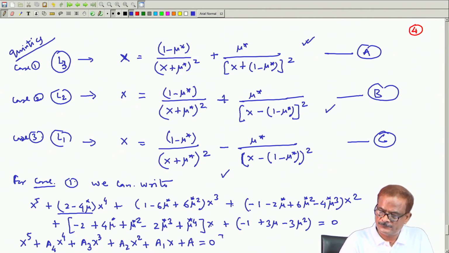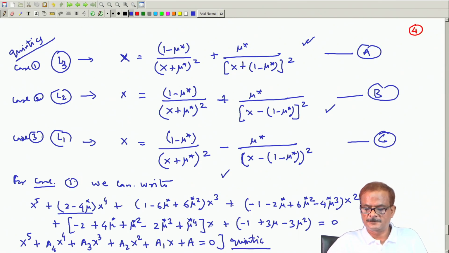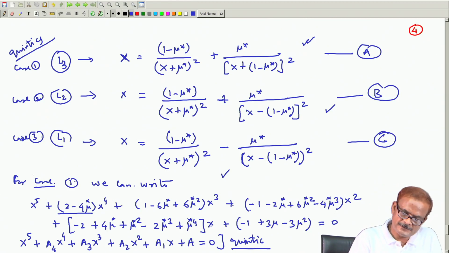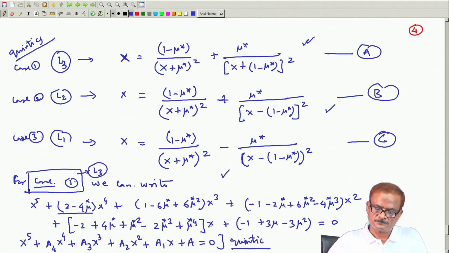So, this is a quintic, and solve it to get the solution of x. So, this is for case 1, which is referring to L 3. The same way equation can be developed for others.